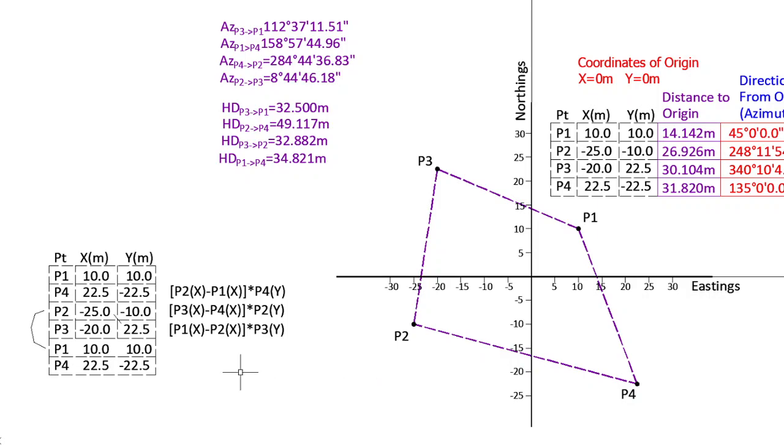And lastly, because if I have 4 coordinates, I need to have 4 computations, I work with this last pair as I'm indicating here. So it's going to be the x coordinate of P4 minus the x coordinate of P3 times the y coordinate of P1.